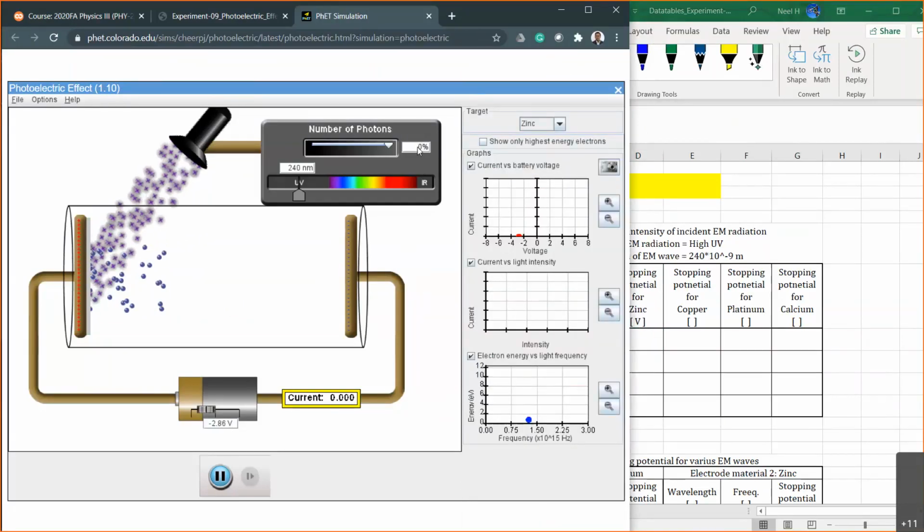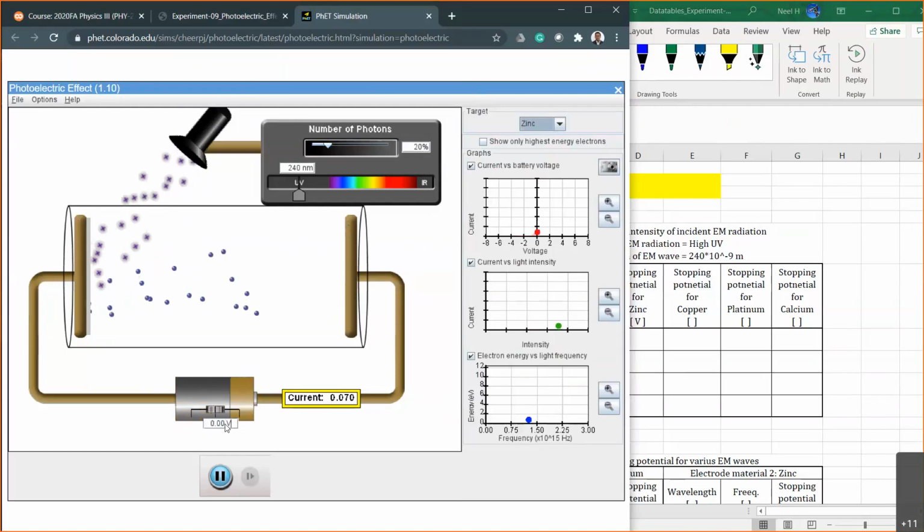You can go backward if you want to, starting from 100%. Nothing wrong. I'm going to go back here all the way to 0 and then start increasing slowly. Okay. And let's try negative 1. 1 is too high actually for zinc.